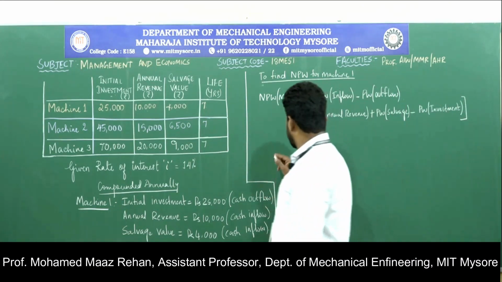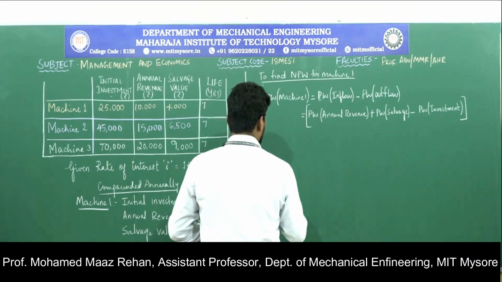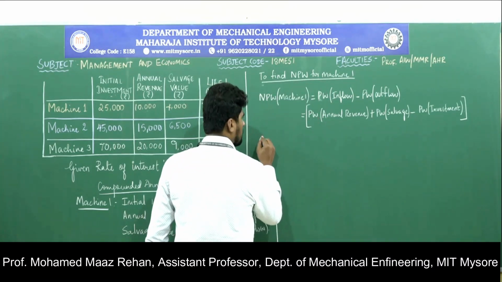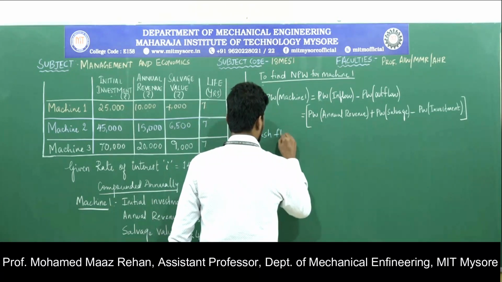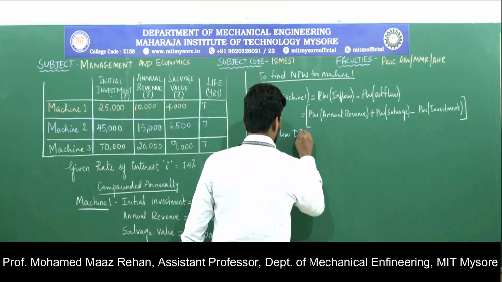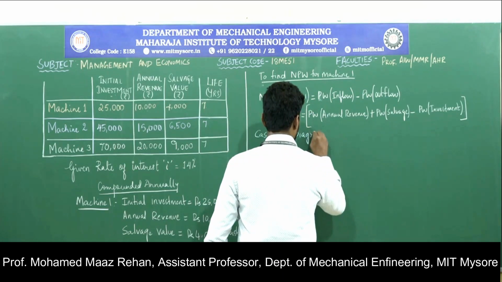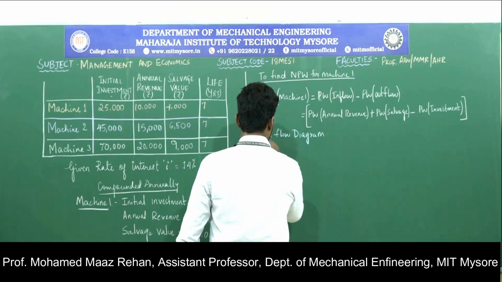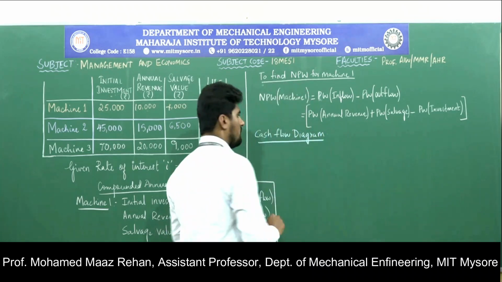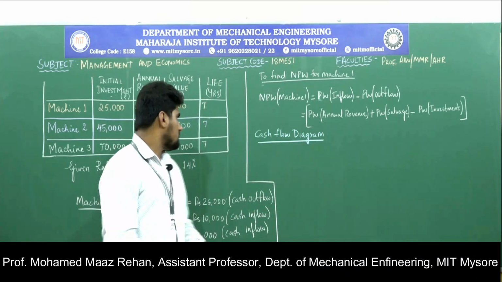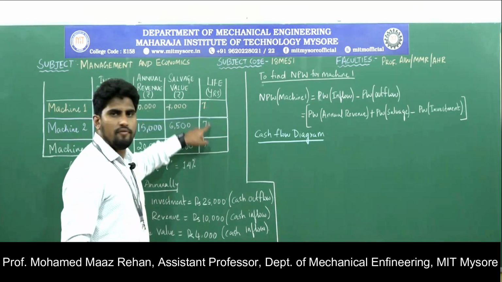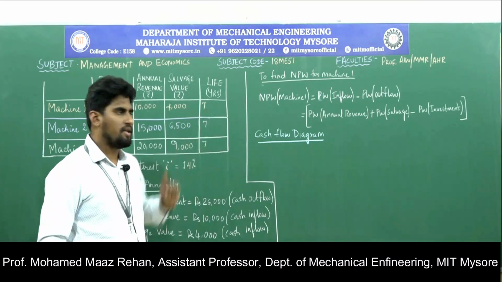What is the next thing we need to do? We need to draw the CFD, the cash flow diagram. How are we going to draw it? Here, how many years do we have? We have 7 years.